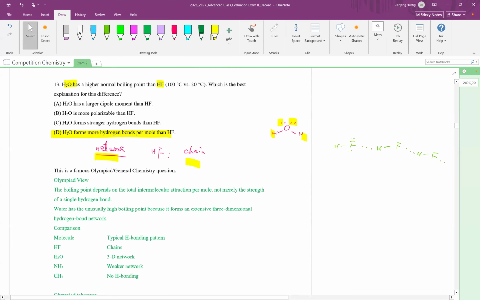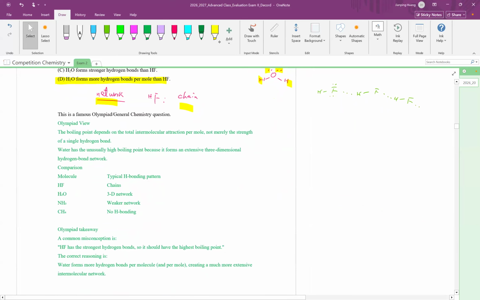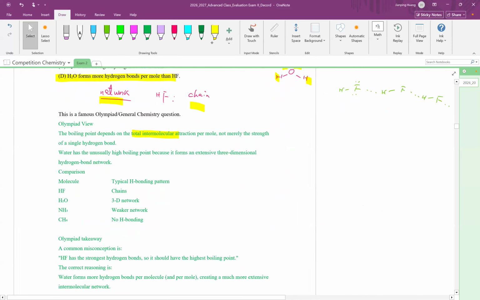Okay, now let's look at what we can see from this question. Every time you see a physical property, boiling point, melting point, solubility, vapor pressure, surface tension, capillary action, you have to look at the intermolecular force. When you look at the intermolecular force, do not misunderstand.